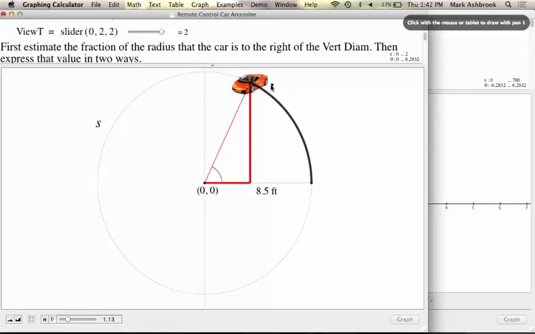So we're estimating this dimension, or this red line right here, but not in feet, as a fraction of the radius. So what fraction of the radius is that? Do you see that that's about 0.9? You could compare it to a radius from here to here. And so it's about 9/10. Better? Okay, cool. Other questions?